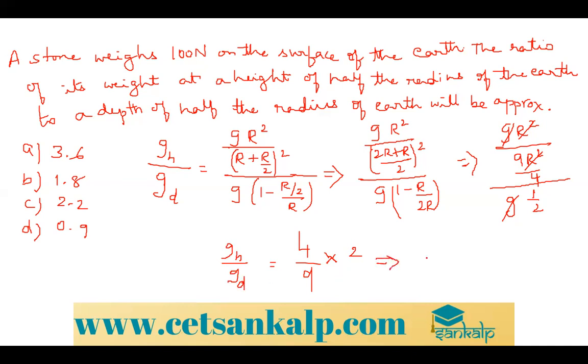So it is 8 by 9. So 8 by 9 is 0.888. So approximately I can round it off to 0.9. Okay, done.